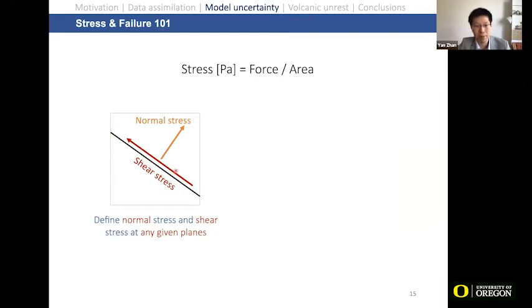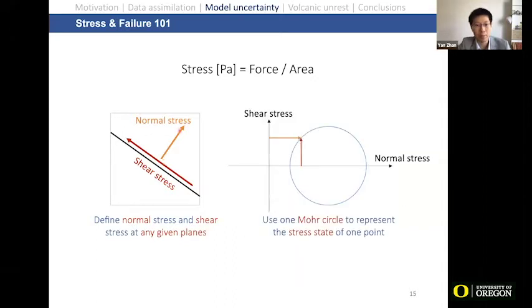The stress state tensor is very complicated, so when you pick a different plane, those values will also change. However, if you plot the normal stress and the shear stress on the XY plane, all those values fall on a circle, which we call the Mohr circle. It's very good, since we can use a very simple circle to describe the complicated stress state of a material.